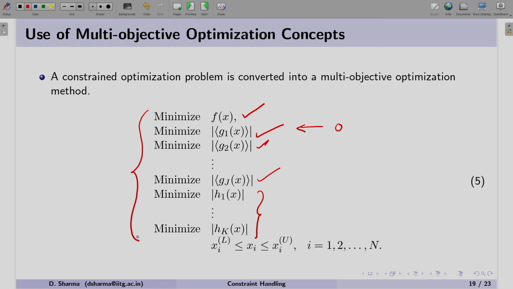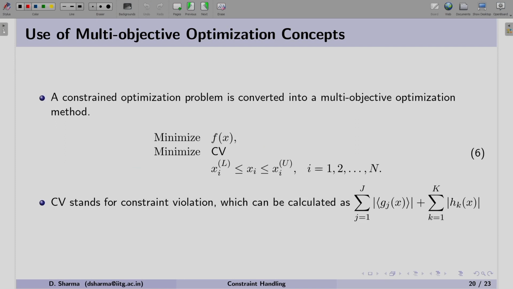Now, here we do not have any constraint. What we have is only the variable bound. So, looking at equation number 5, we have multiple objective functions and the variable bound here. So, this is one of the ways we can convert a constrained optimization problem using the multi-objective approach.